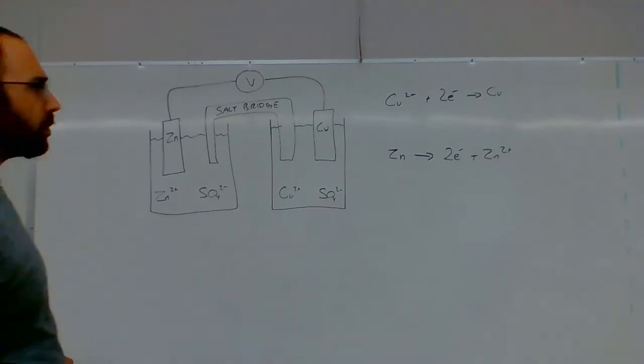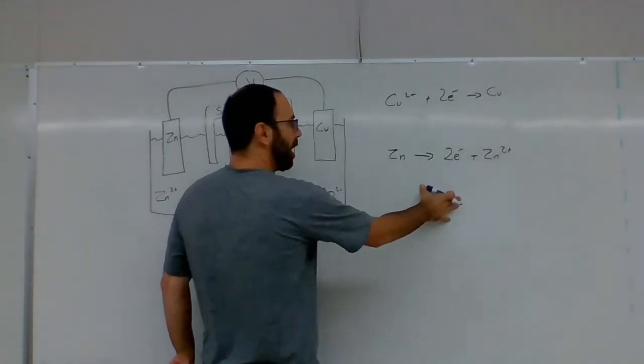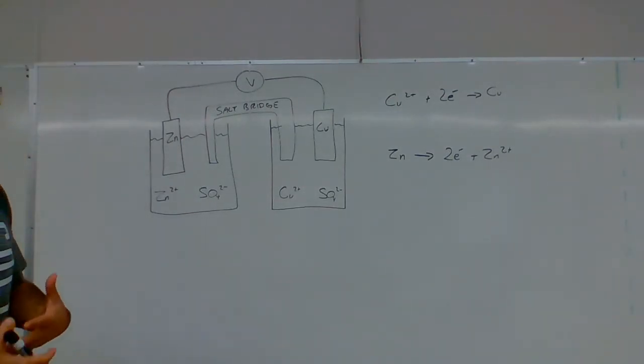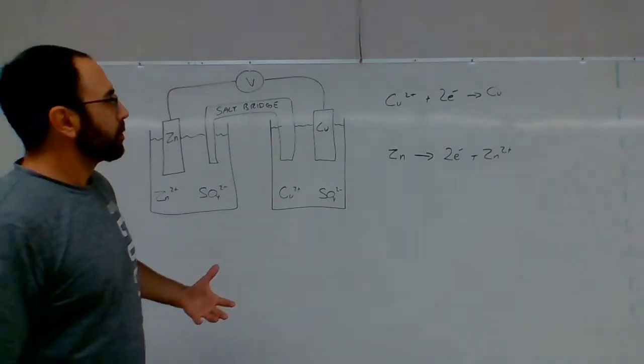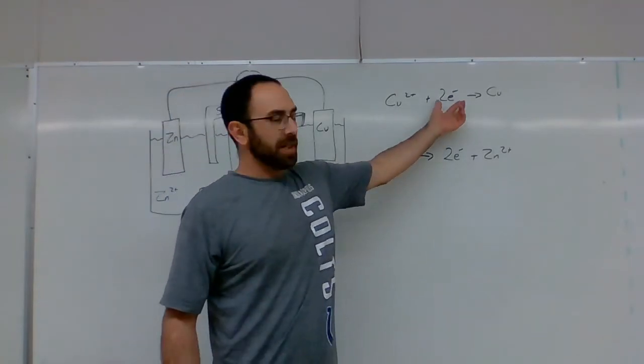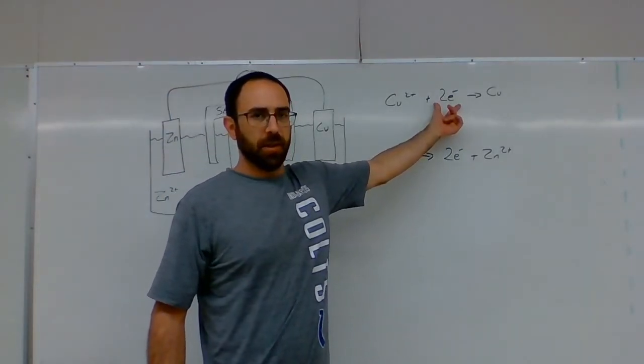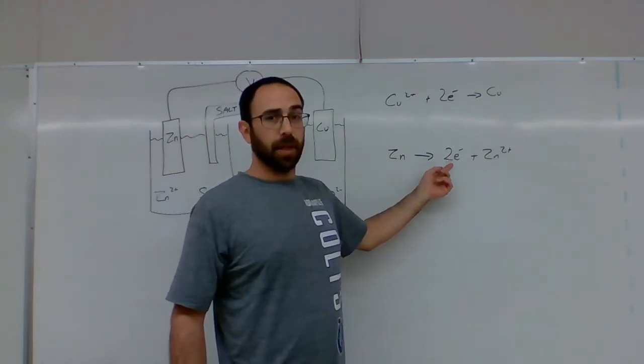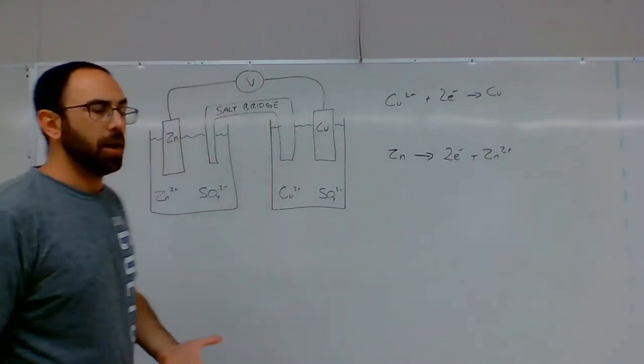Okay. So since this is our combined reaction, this will help us to understand which direction our electrons are going to flow. My copper solution is going to accept the electrons to get copper metal, and our zinc metal is going to give up electrons to go to the zinc ions.